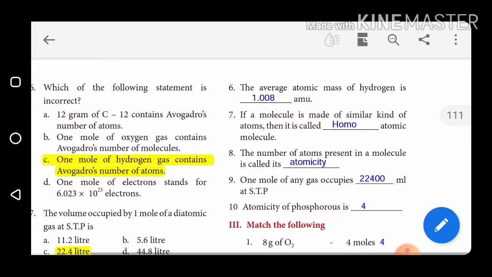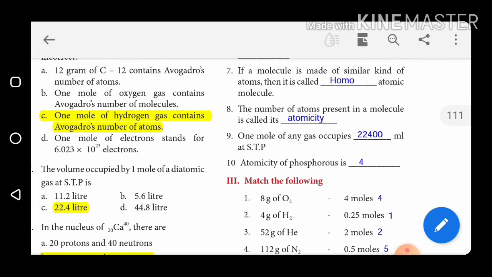Eighth one, the number of atoms present in a molecule is called its atomicity. Ninth one, 1 mole of any gas occupies dash ml at STP, that is 22,400 ml. 10th one, atomicity of phosphorus is 4.